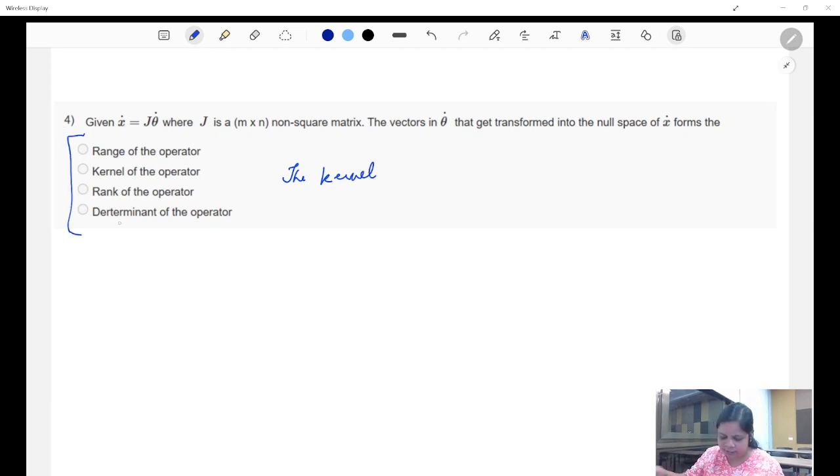Do you know all four that are written here? Do you have any idea about all of these? I know it was discussed in the lecture, you were made familiar with the kernel of the operator. Do you know the rank of the operator or the determinant of the operator?